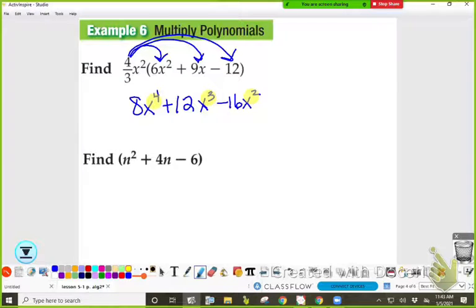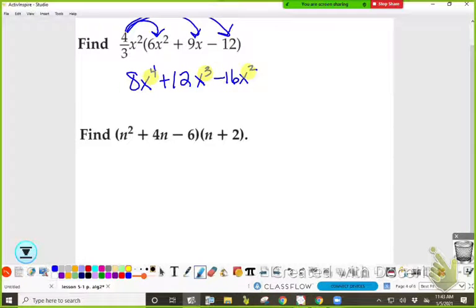Okay, the next one. N squared plus 4n minus 6 times, fill in on your notes, n plus 2. What do we do here? It's multiply. So, I just want to point this out.